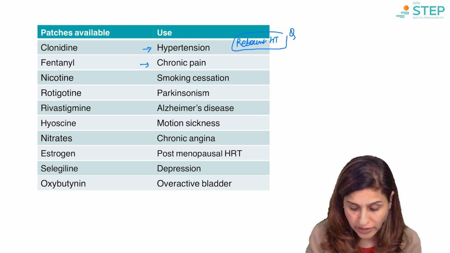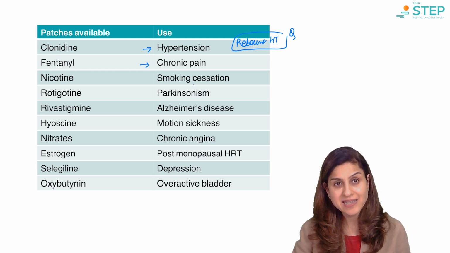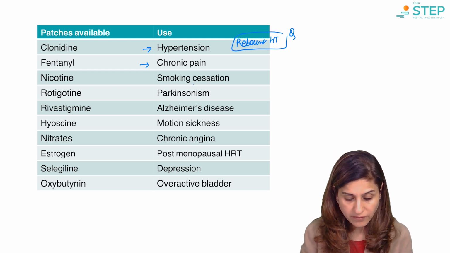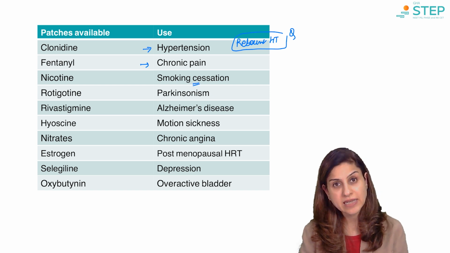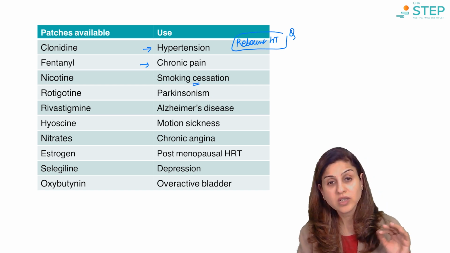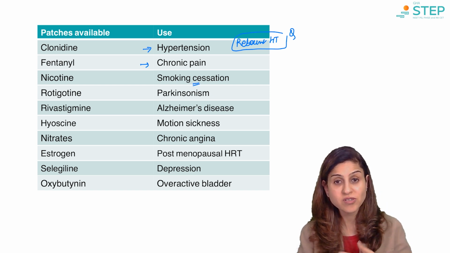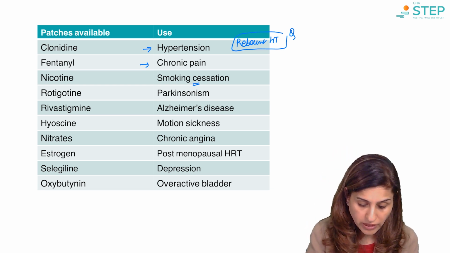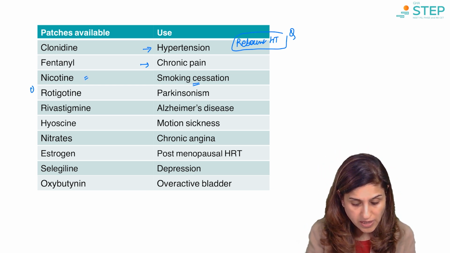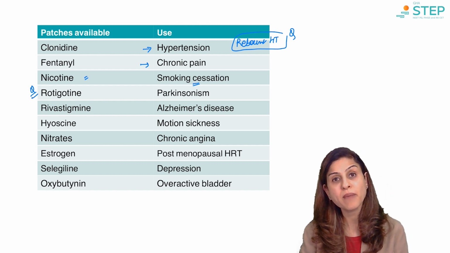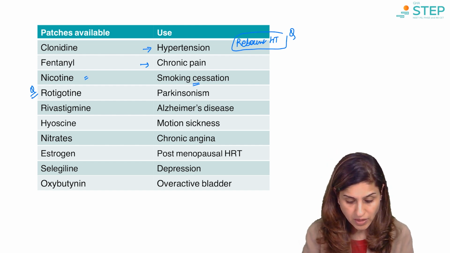Fentanyl is an opioid which is given for chronic pain, like cancer pain. Nicotine is given for smoking cessation: if a patient has to leave smoking and needs to be weaned off, there you can give nicotine. Rotigotine has been asked; it is a patch available for management of Parkinsonism.